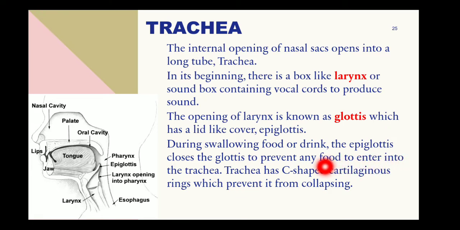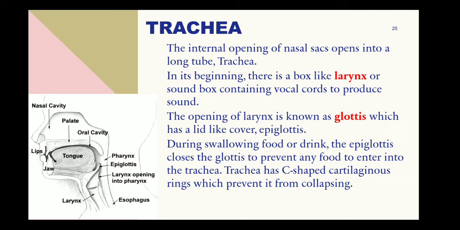The trachea has C-shaped cartilaginous rings which prevent it from collapsing. So the whole trachea is surrounded by, or is made up of, these C-shaped cartilaginous rings. These rings are there to keep it intact so that it doesn't collapse, it doesn't close like any soft tube would if there is no support in the wall.